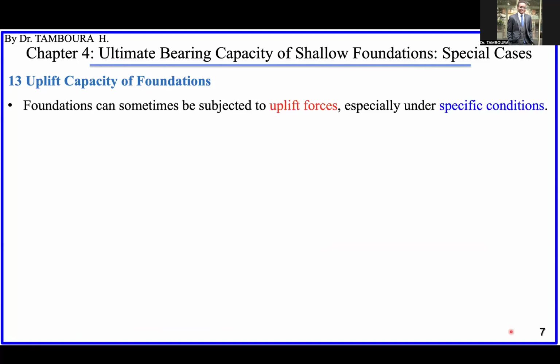So sometimes we need uplift foundation. Foundation can be subjected to uplift forces. It means the forces are acting, trying to pull out the foundation. Sometimes we need this kind of thing when you have, for example, uplift on the bottom of excavation, sometimes to avoid the uplift due to water seepage.